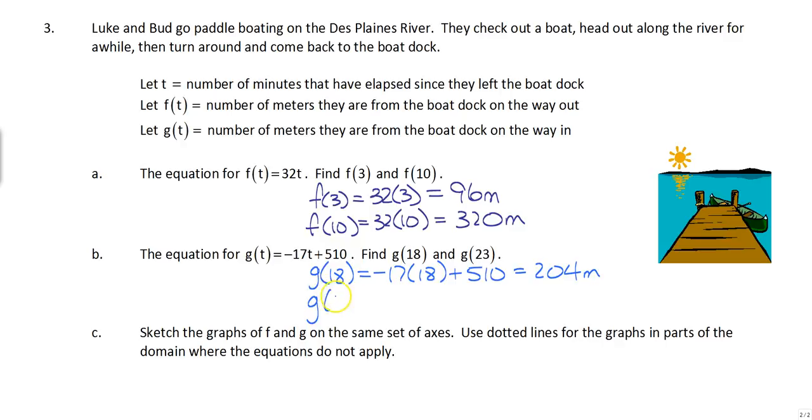So g of 23, that's equal to -17 times 23 plus 510. That would equal 119 meters. So as you can see, as t gets bigger on the way out, of course, the farther you are away from the dock. But as t gets bigger on your way back in, you see the closer it is, because you're paddling back to where you were.